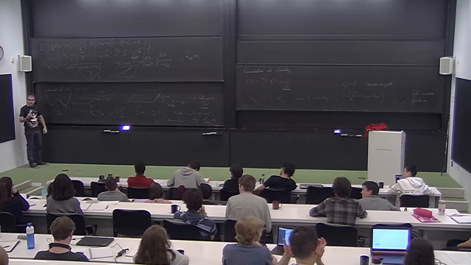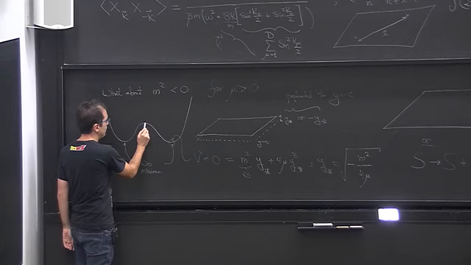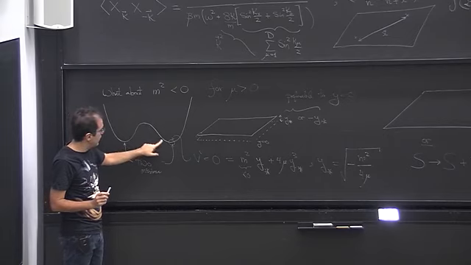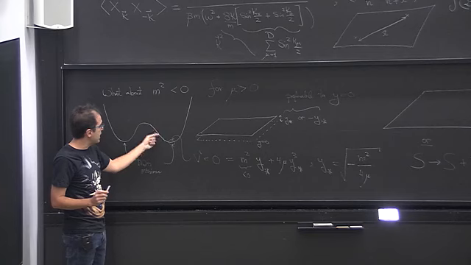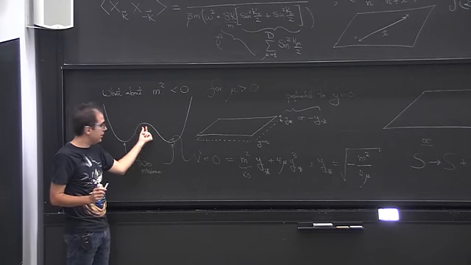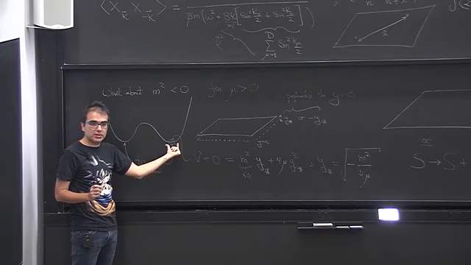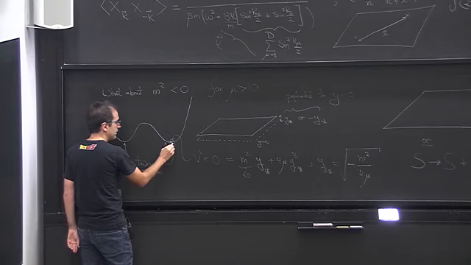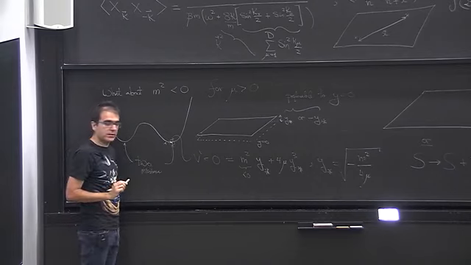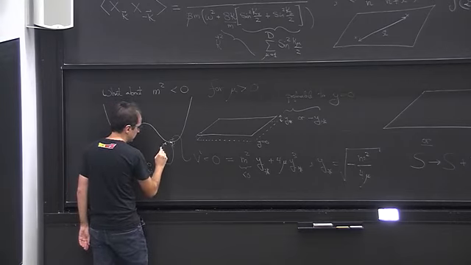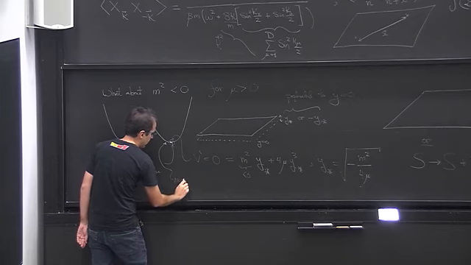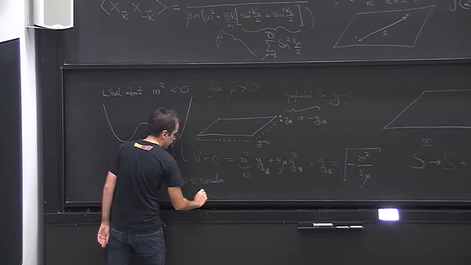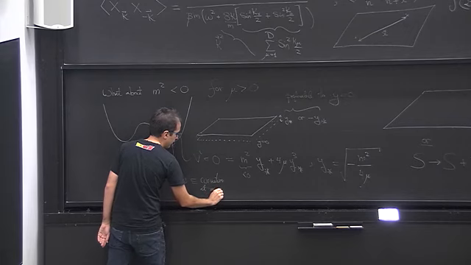What happens when m is negative is that if you have an excitation here, this excitation is unstable. Excitations don't like to be here. They like to be here. So expanding around x equals 0 is a bit silly. We should, in this case, be expanding around this position. And then the mass would be the derivative at this point, and not the derivative here. So at this point, the mass would be the curvature of the potential at the new minima.